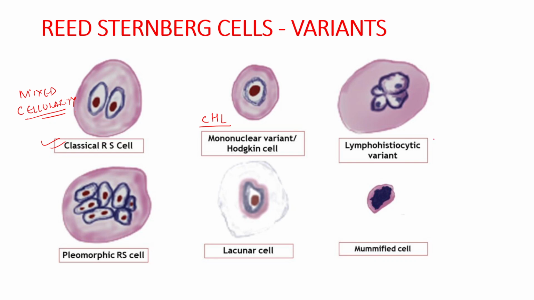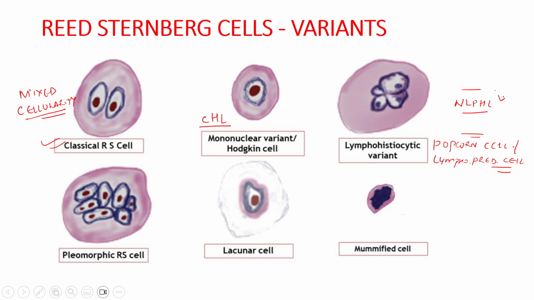So it is also known as popcorn cell or lymphocyte predominant cell, as this cell is characteristic of nodular lymphocyte predominant Hodgkin's lymphoma.